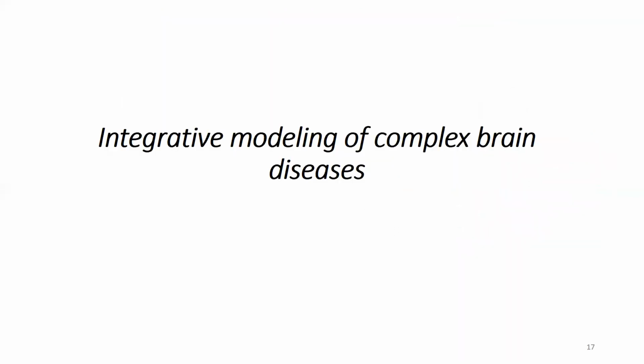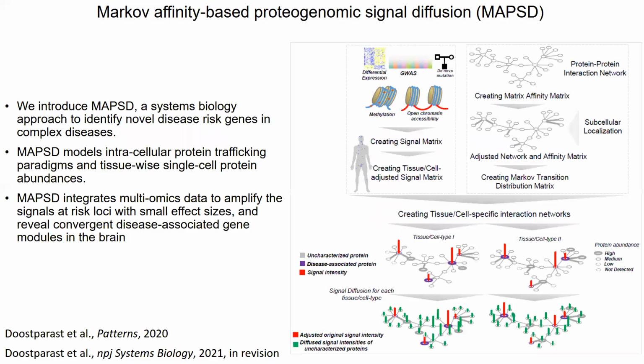Now, with these short examples on cell specificity of genetic variants, I will go over the second half of this talk, which is about how we can integrate various types of data modalities at single cell resolution and model them using protein dynamics in order to characterize unannotated disease risk genes.